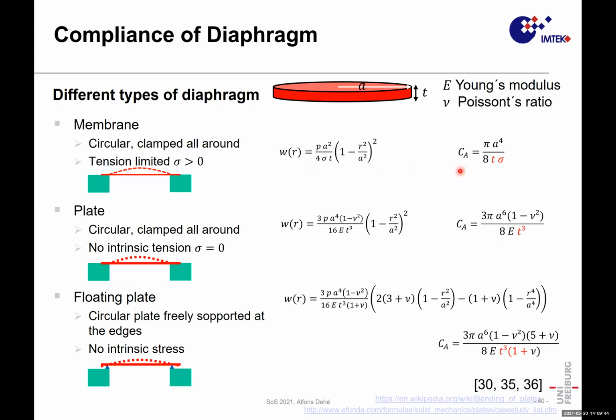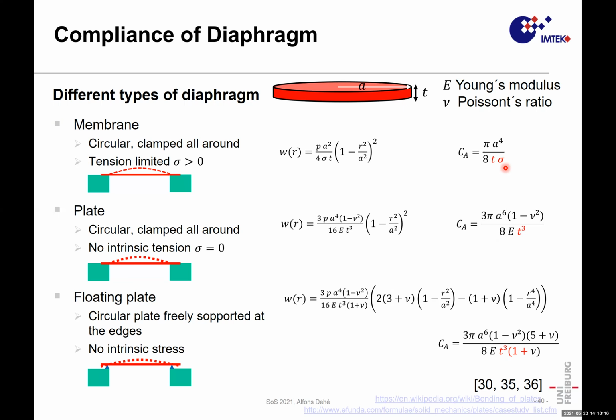And finally, we get out an acoustic compliance for such a system, depending on the diameter or the radius, of course, and linear inverse to the thickness of the diaphragm and linear inverse to the stress inside my membrane. So if I have a high stress in my membrane, the sensitivity gets lower. And if I reduce the thickness proportionally, I get higher compliance. These are scaling parameters, of course.